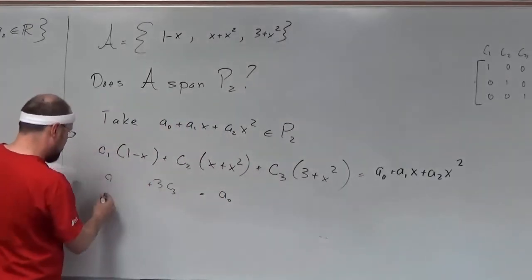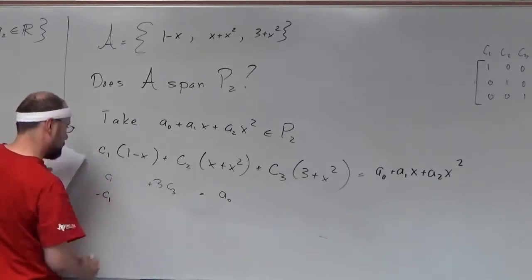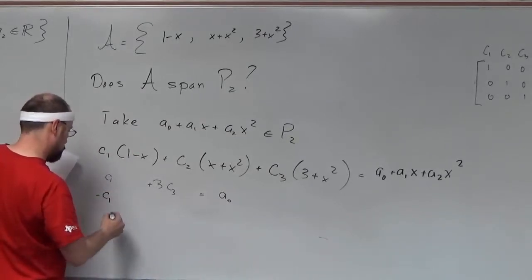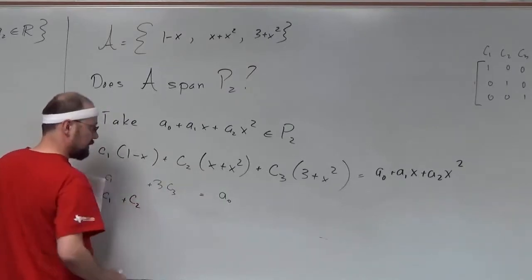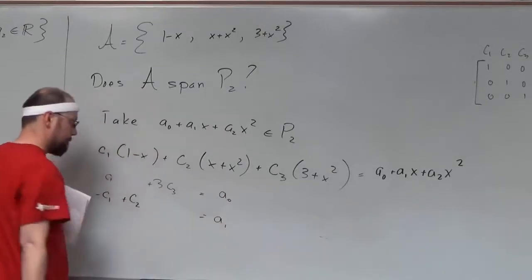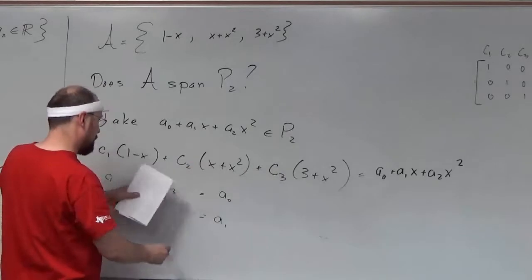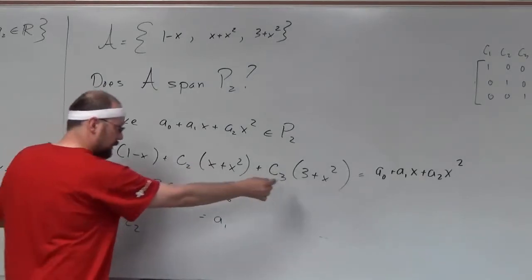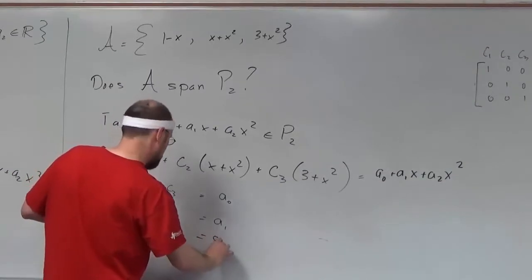Then you gather the x terms, so we have minus C1 times x plus C2 times x, and that should be equal to A1. I'm just comparing like terms, right? And then the x squared terms, so we get C2 times x squared plus C3 times x squared. That should be equal to A2.